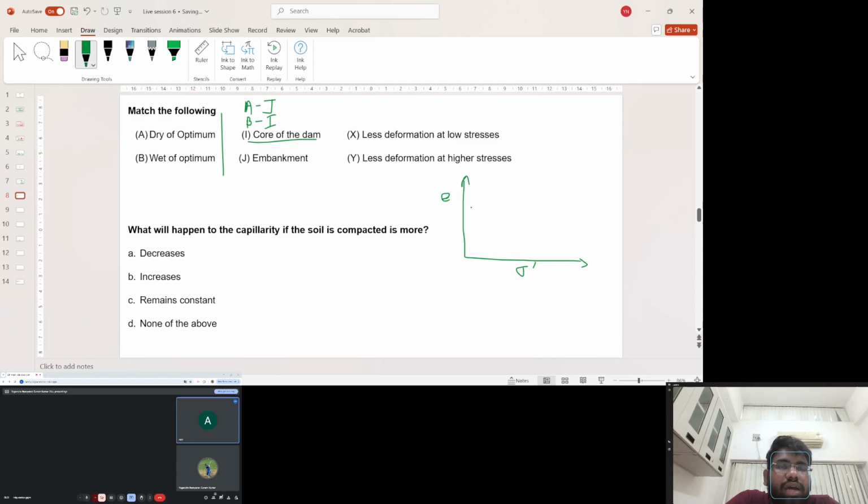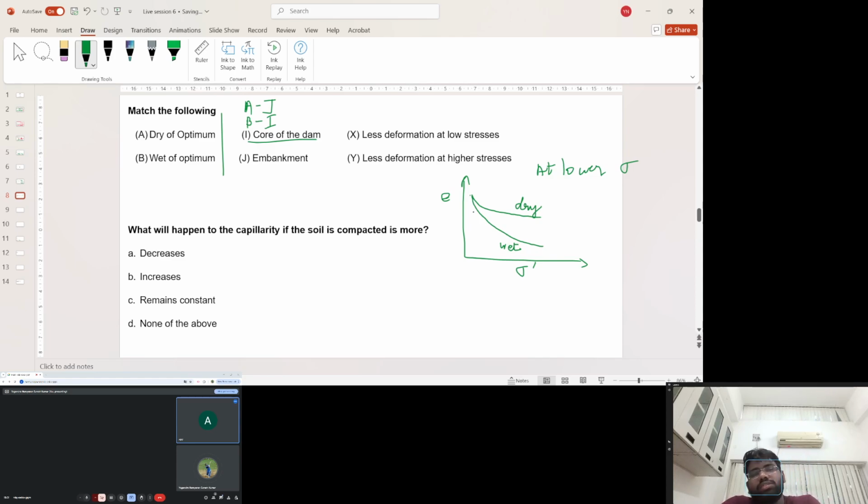Now at lower stresses, the ideal behavior will be, let both be dry of optimum and wet of optimum. This will be the deformation behavior of dry of optimum, and this will be the deformation behavior of wet of optimum. This is wet, this is dry, at lower stresses.